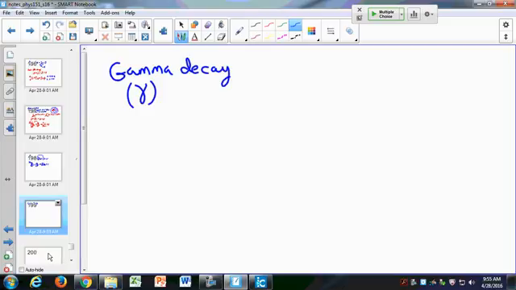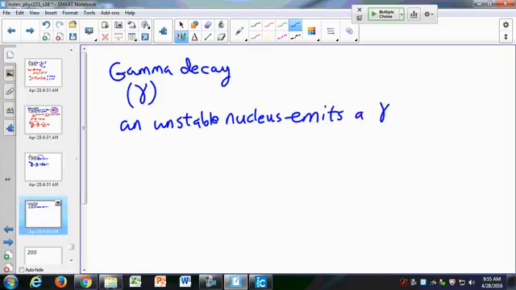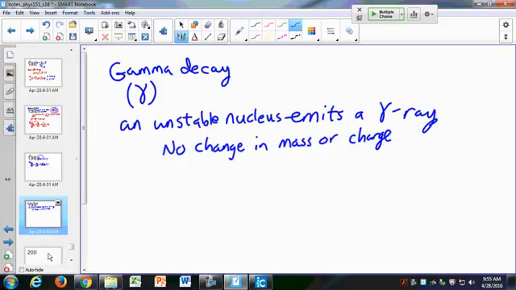No change, or an unstable nucleus emits a gamma particle or a gamma ray. No change in mass or charge. So A and Z remain the same.